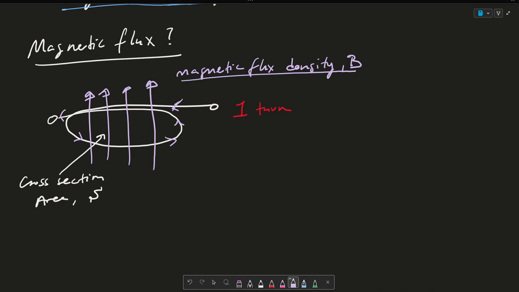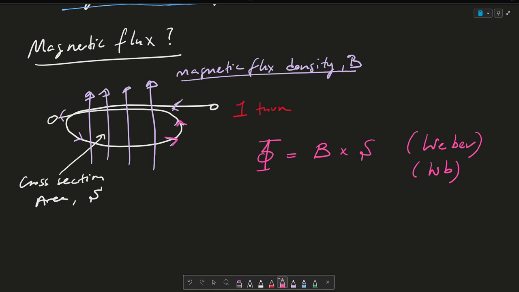So given this configuration, and depending on the current that goes through it, or a permanent magnet next to this loop, we generate what we call magnetic flux. So magnetic flux is equal to the magnetic flux density times S, again, which is the cross-sectional area. And this is in terms of Weber, or again, this is denoted as WB.